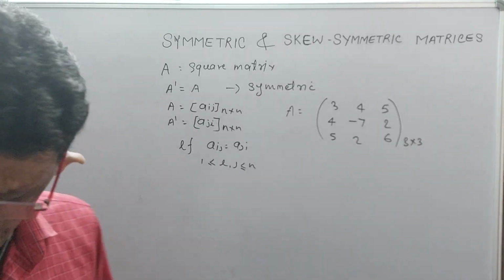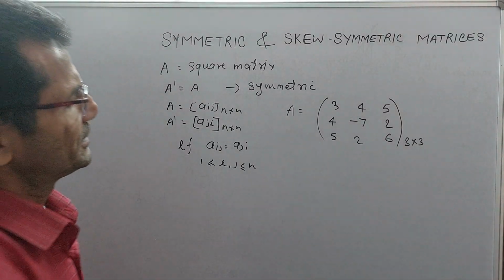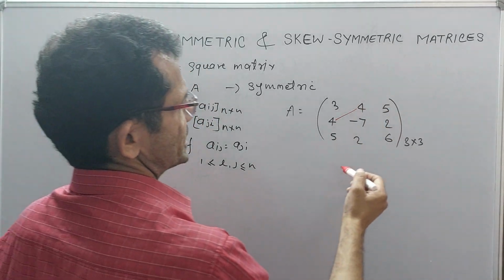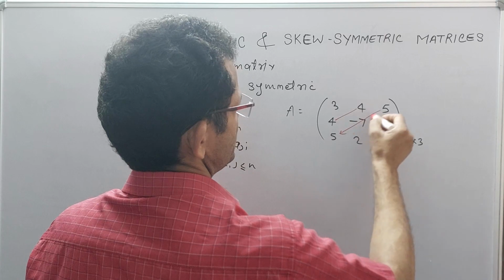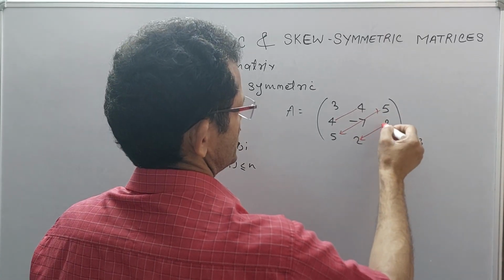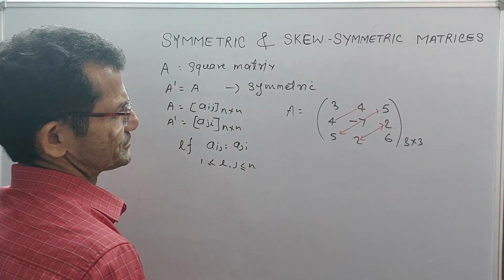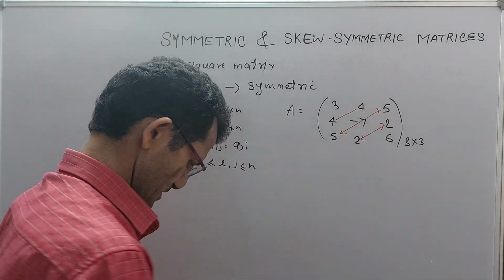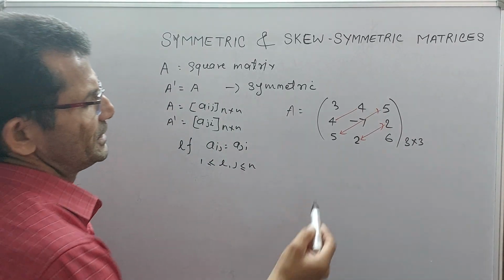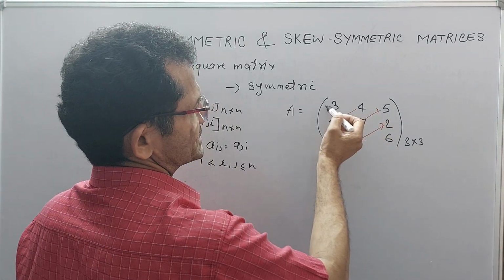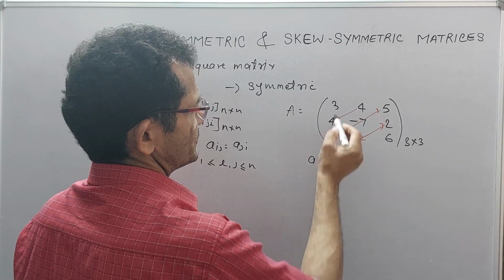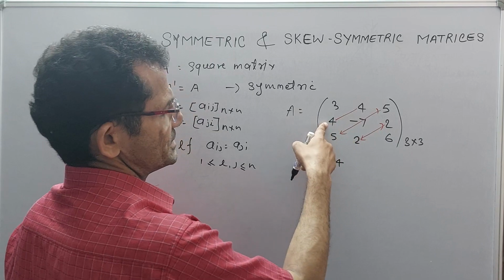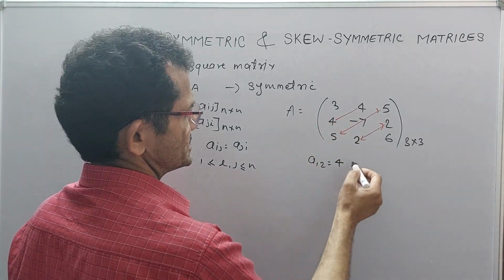So look here. This element and this element, both are equal. Here 5 and 5 is also equal, and here 2 and 2 is also equal. So it means that 4 is the first row, second column element, and look here, it is second row's first column element.